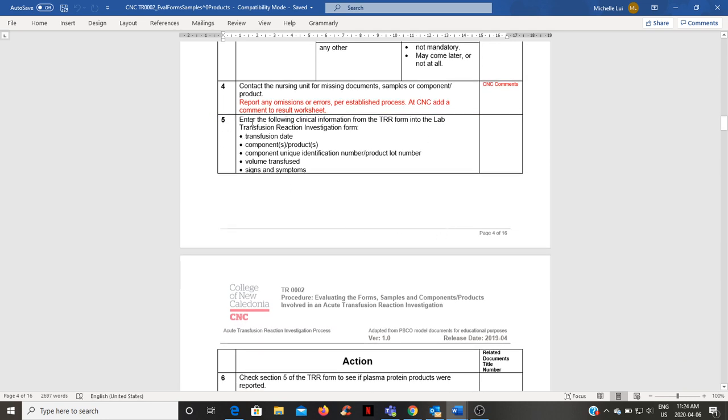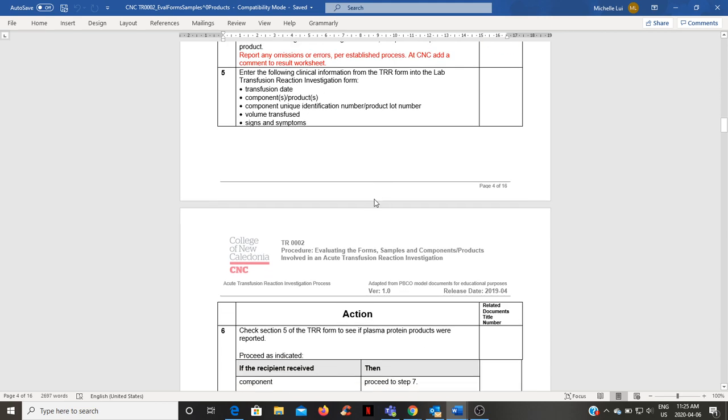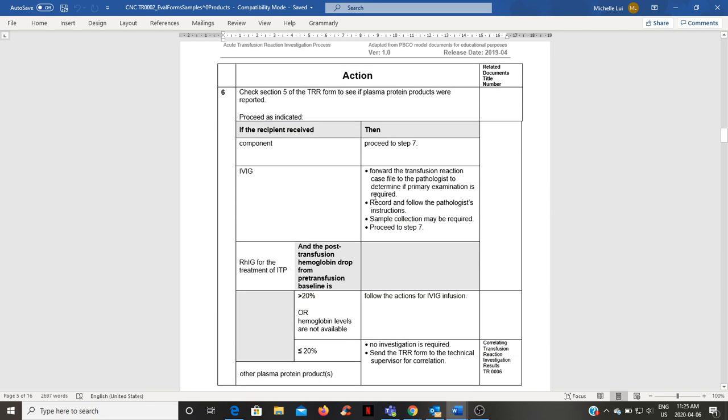So number 5, enter the following clinical information from the form to the lab transfusion reaction investigation form. So this is going to be our worksheet in the lab. Let's see, when did it happen? What component was involved? How much did they get? What were the signs and symptoms? This will be our record that we keep in the lab.